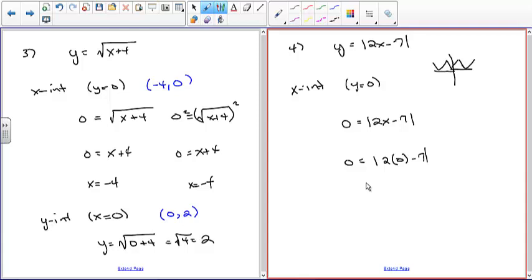So what you get is 0 equals 2 times... and why did I put that equal to 0? That's wrong. Okay, so you get 2 times x, so 2x minus 7 equals 0, 2x equals 7, x equals 7/2.